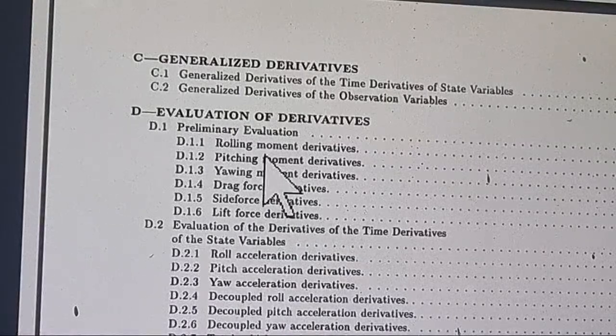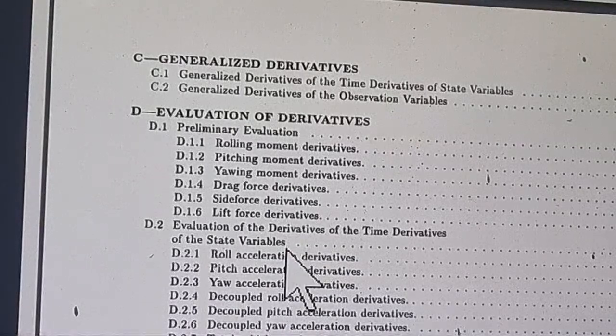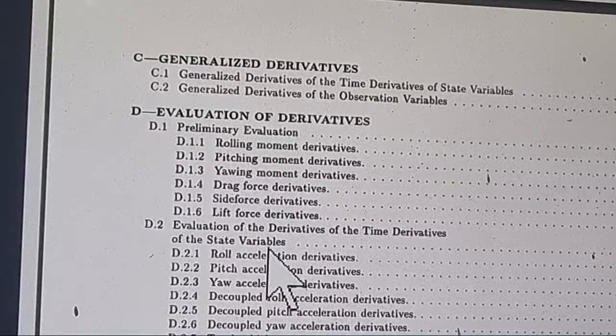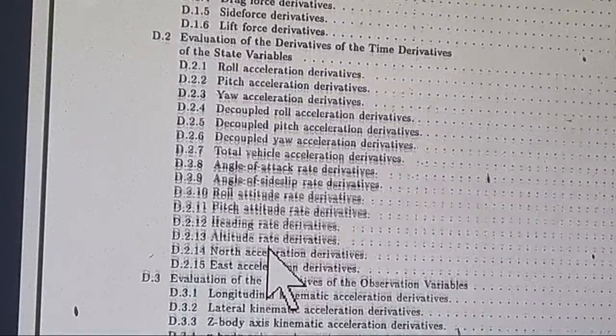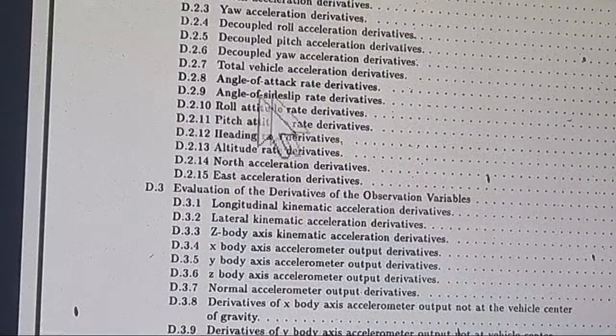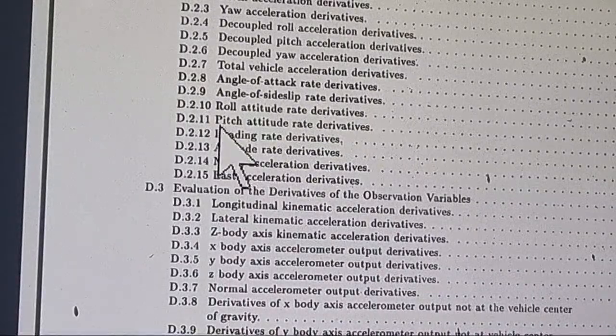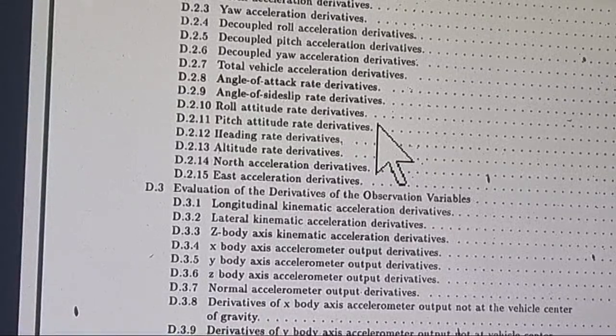So you have all of the forces that are going to come into play in flight. Every possible variable is going to be discussed in this book. And then the angle of attack. There's just so much stuff. And to become a pilot, you have to read a lot of stuff.